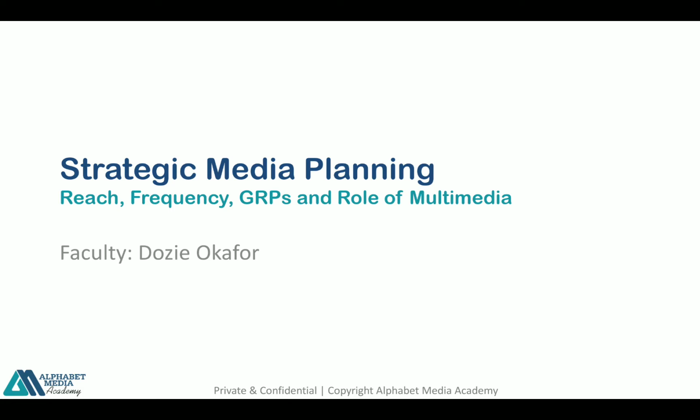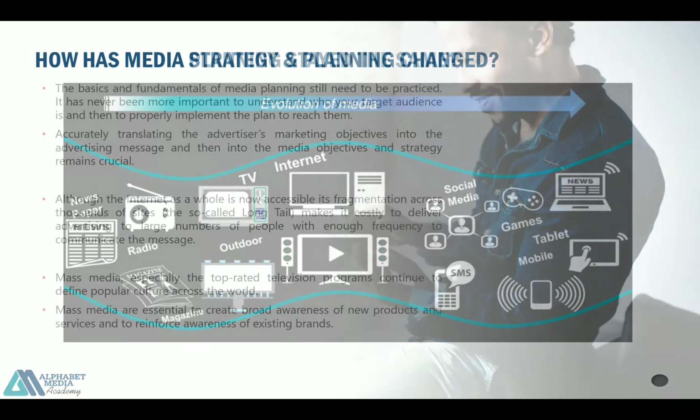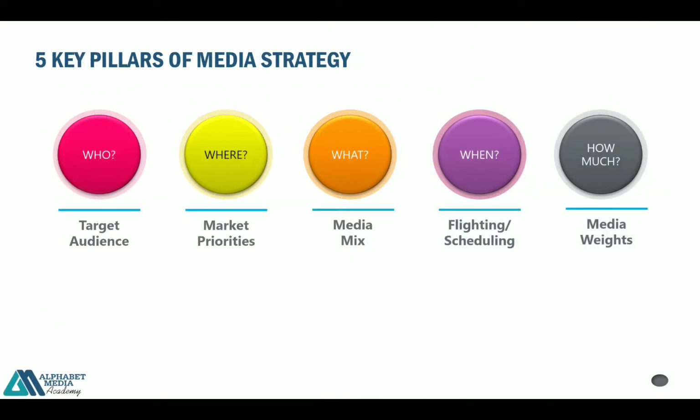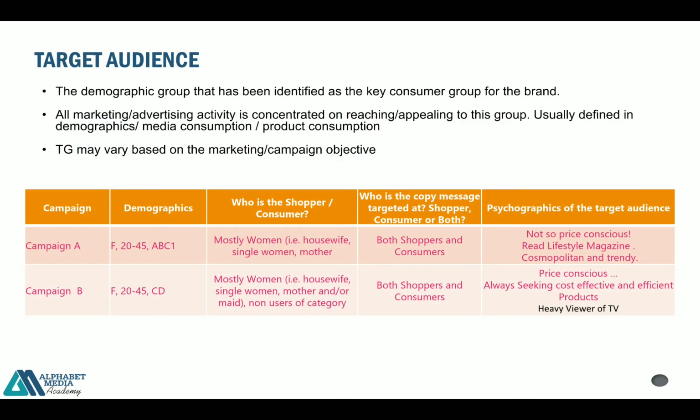So I'll start off by doing a very quick recap of the things we covered in the last session, and then we can get straight into it. Remember that we had started things off by looking at the five key pillars of media strategy, and we had spoken about how under the WHO, the target audience, reach, frequency, GRPs, and CPRPs are the elements we would look to help us really understand how target audiences are targeted.